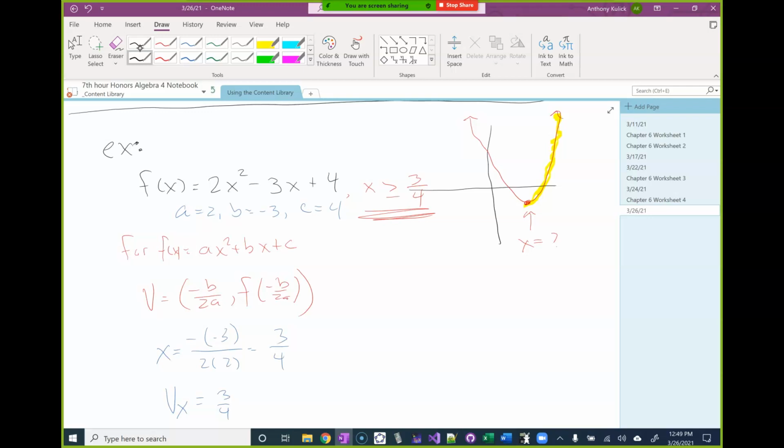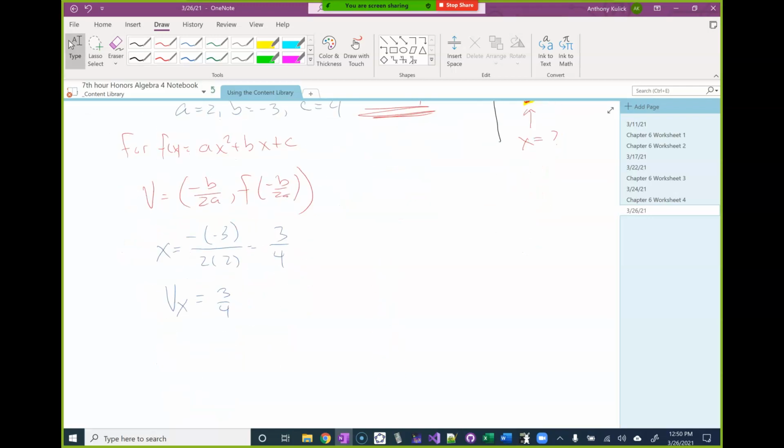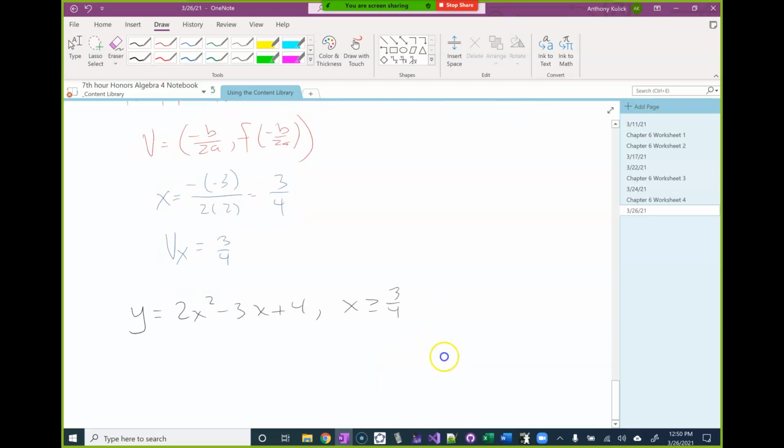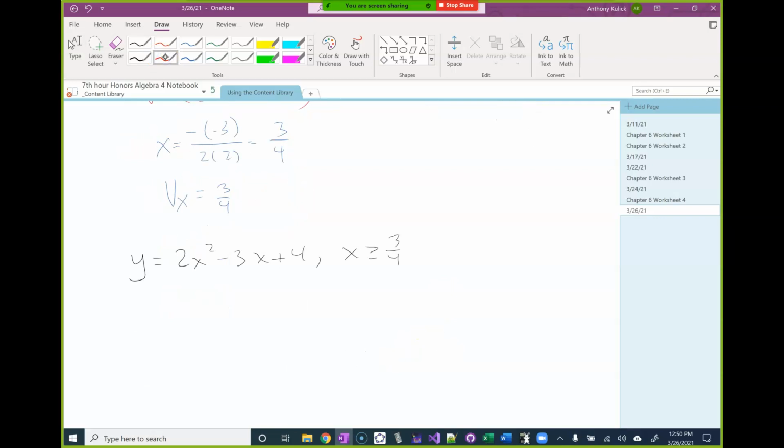So now we're ready to go. We have this. We're ready to start finding our inverse. To find the inverse, we need to solve this for x. What's going to be the best way to do that, or let's rephrase, what's going to be the fastest way to do that?